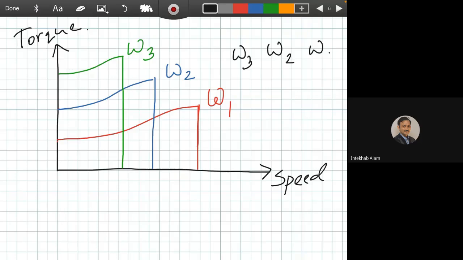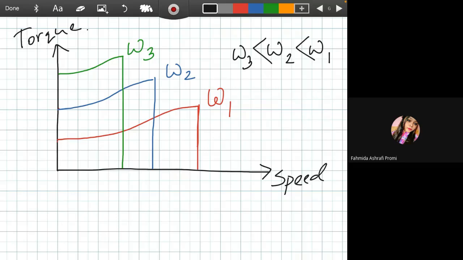what should be the relation? Which one is the highest one? Omega 1, sir. So omega 1 is greater than omega 2, and omega 2 is greater than omega 3.